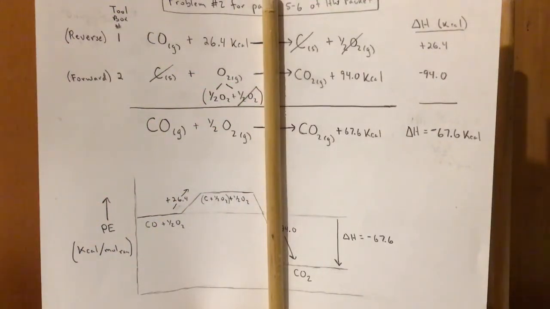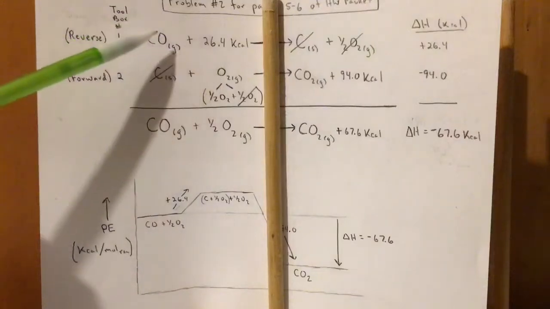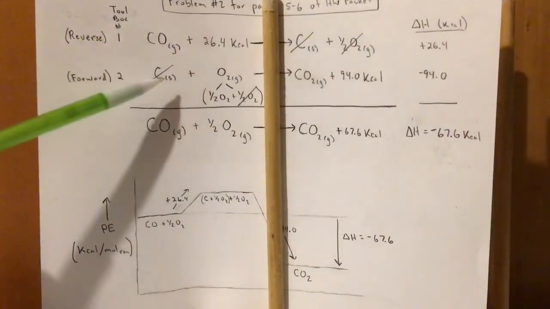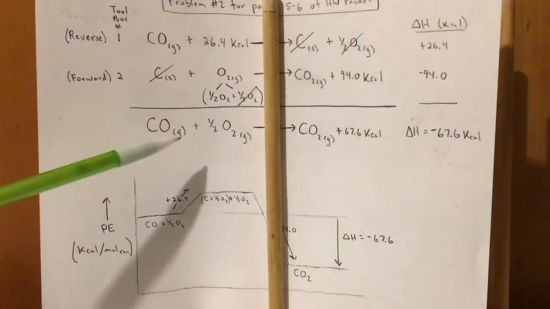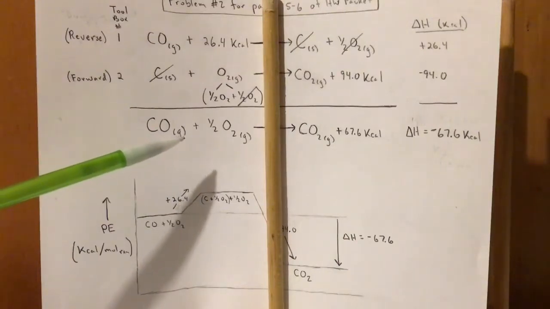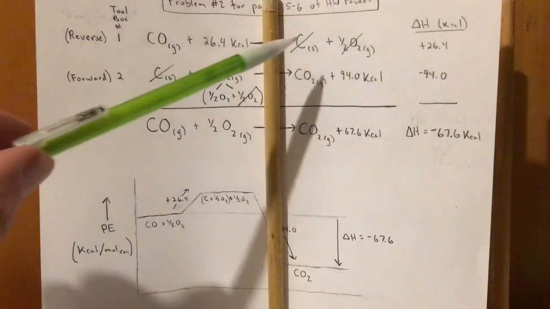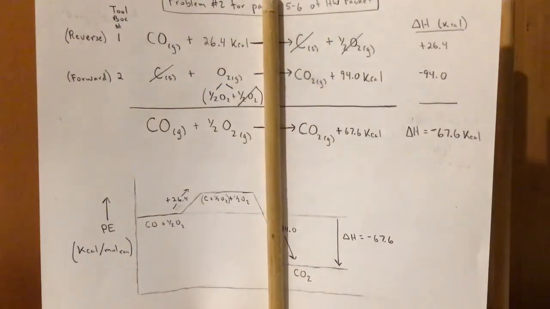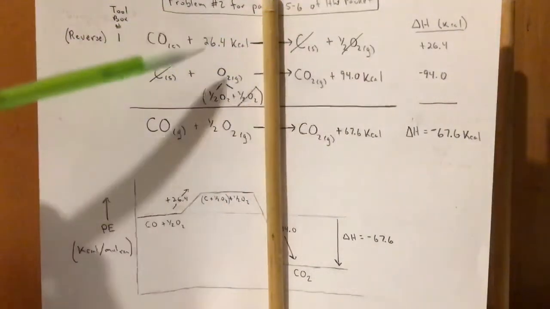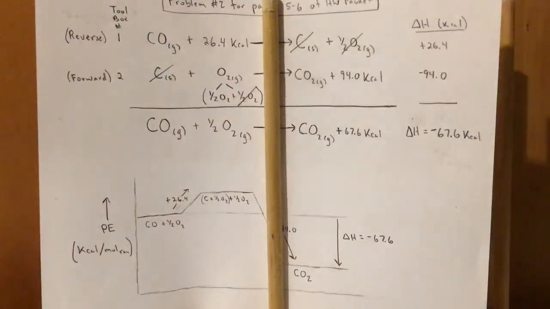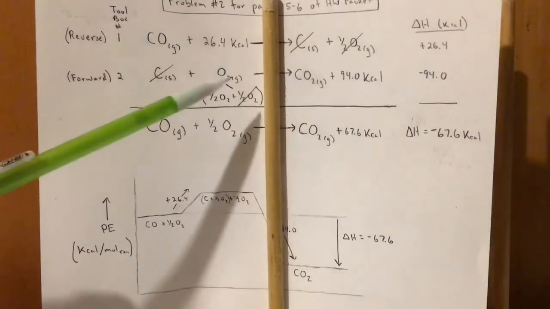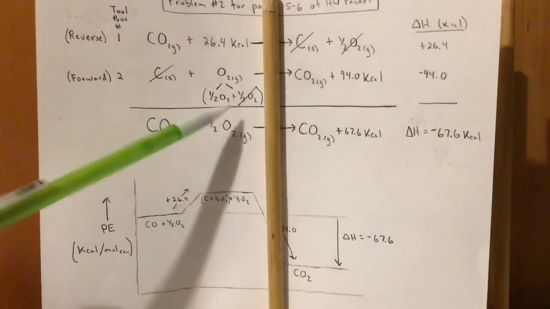Now I'm going to look for like terms. So I'm adding these 2 simultaneous equations like you might do in algebra, adding up to equal the overall equation, and see if these steps match up. I have a carbon here and a carbon here, they cancel out. And I have a half oxygen here and a whole oxygen here. Well, I just broke up the whole oxygen into 2 halves.